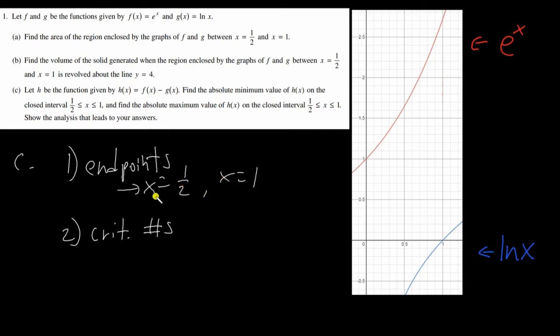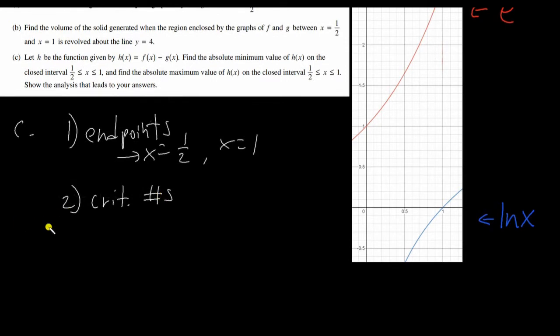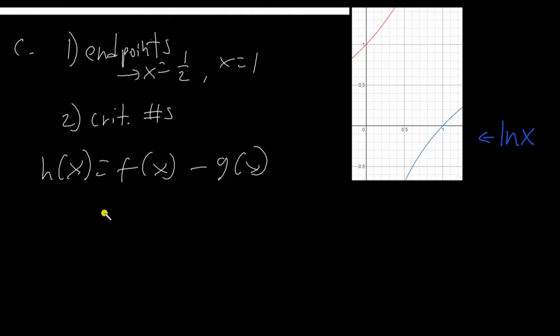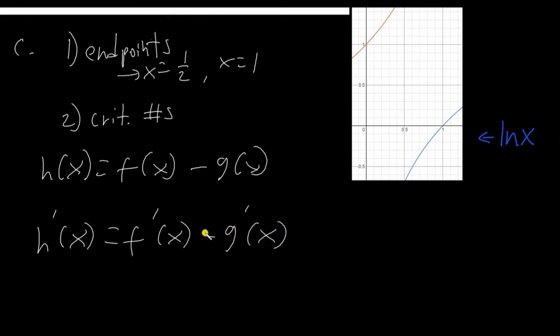And then for our critical numbers, well, let's see here. We have the function h of x being f of x minus g of x. And to find the critical numbers, we're going to have to take the derivative of h and set it equal to 0, right? So h prime of x is therefore going to be f prime of x minus g prime of x, right? What is f prime of x and what is g prime of x?